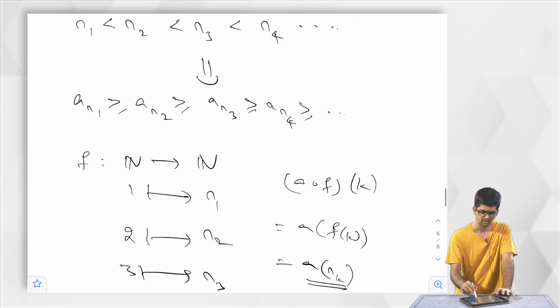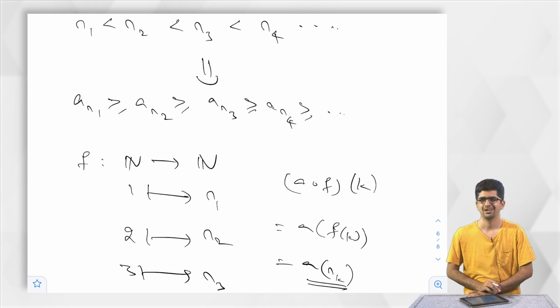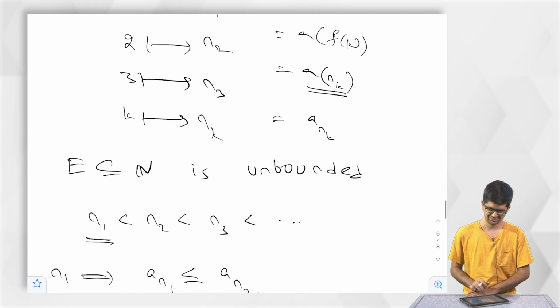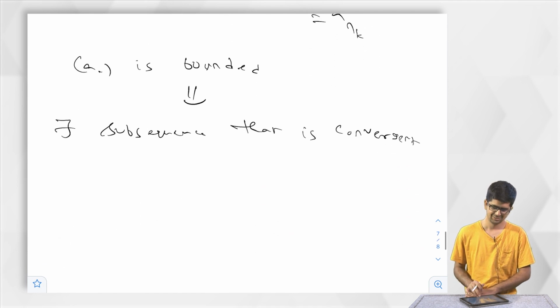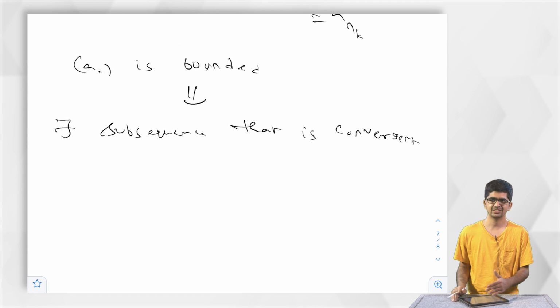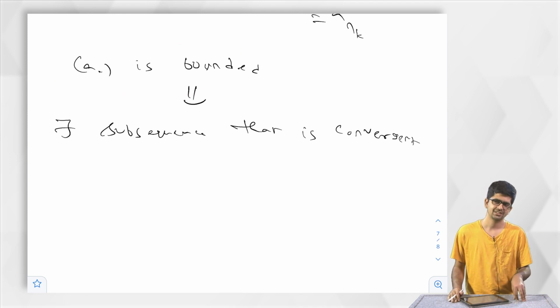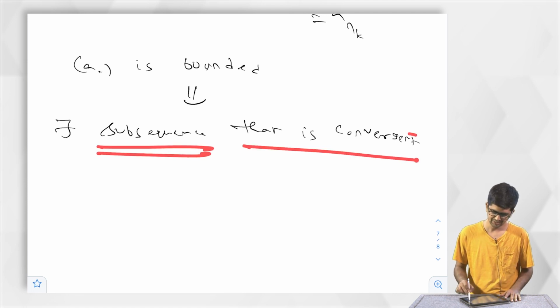Or is it decreasing? Monotone decreasing, monotone increasing, bounded sequences are convergent. That is what we have seen before. So, starting with a bounded sequence, what we got is a monotone increasing or decreasing sequence. In both cases, they are convergent. So we get a subsequence that is convergent.